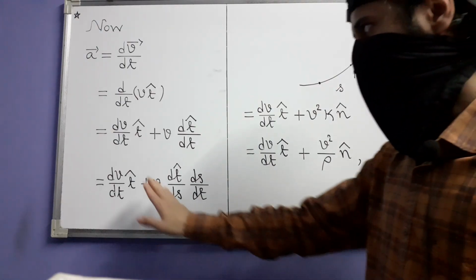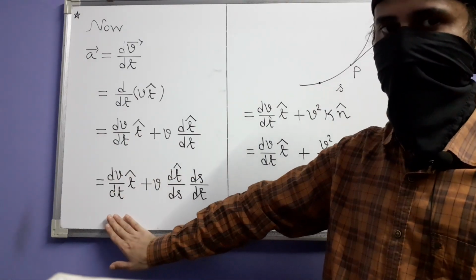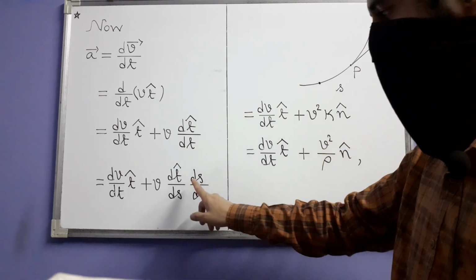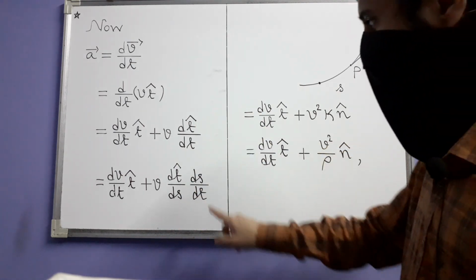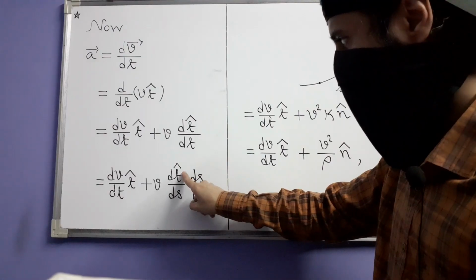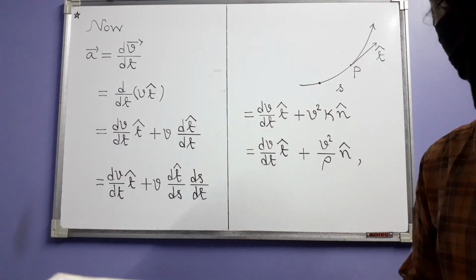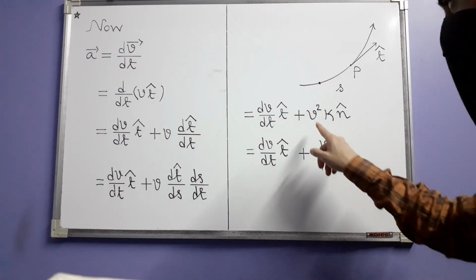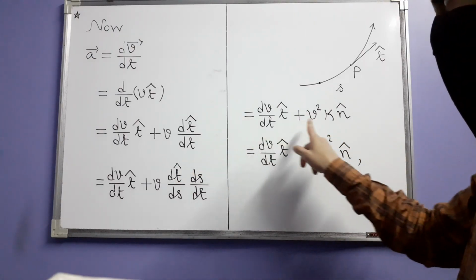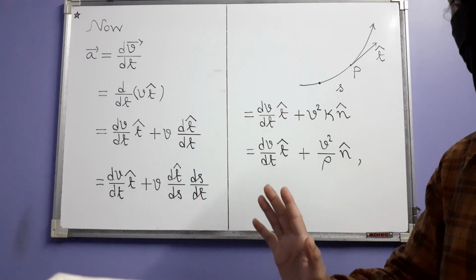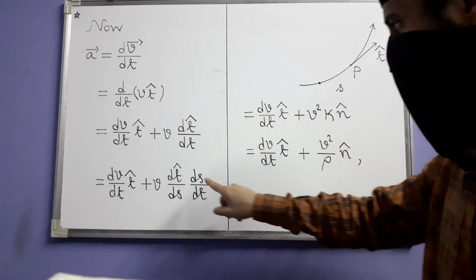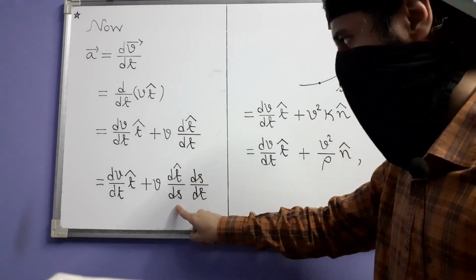Alright, so we keep the first term as it is. And in the second term we again apply the chain rule and write this derivative as dt hat/ds times ds/dt. Now ds/dt is again v, so that's how you get v squared in the second term. The first term does not change. And you already know what this thing is.